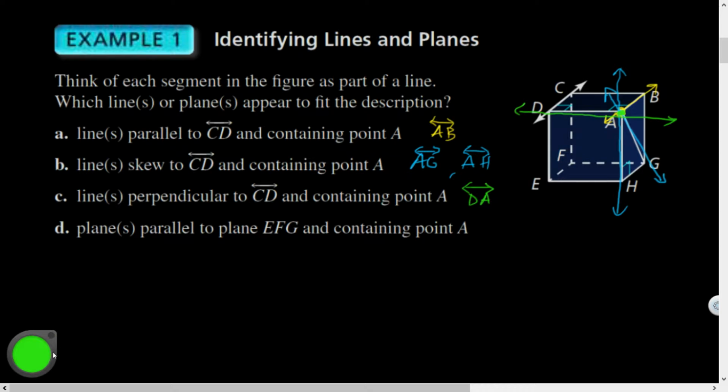And lastly, planes parallel to EFG and containing point A. So EFG is the bottom of the box. What is a parallel plane? What are our thoughts? Any way to describe this top plane? Using 3 of the 4 letters described. It's probably a good idea to include point A since they wanted to reference that.